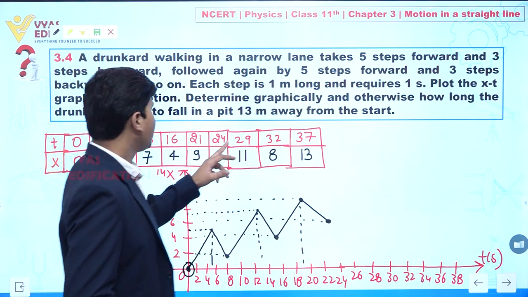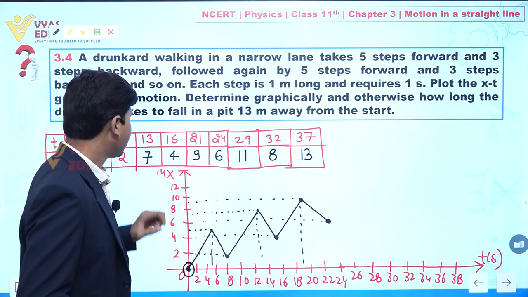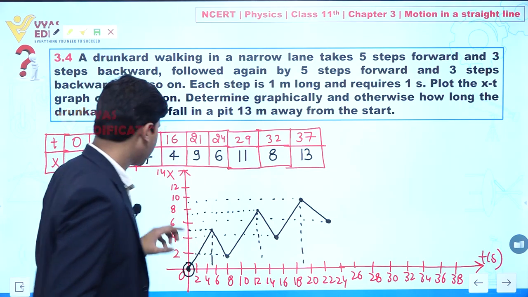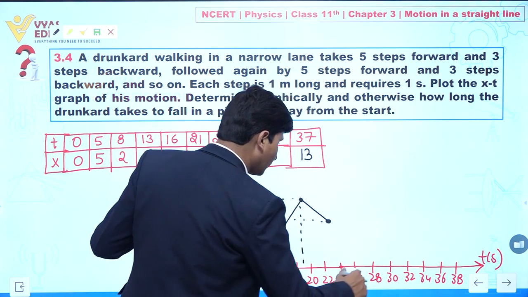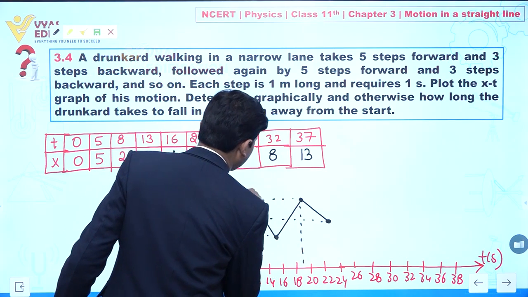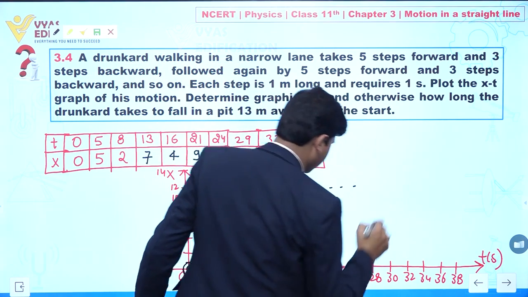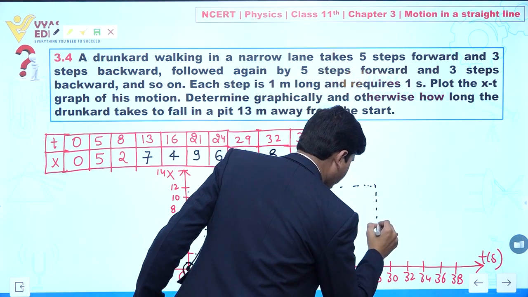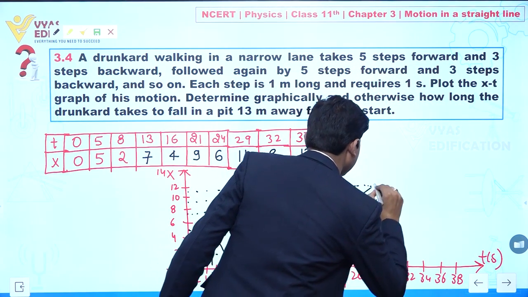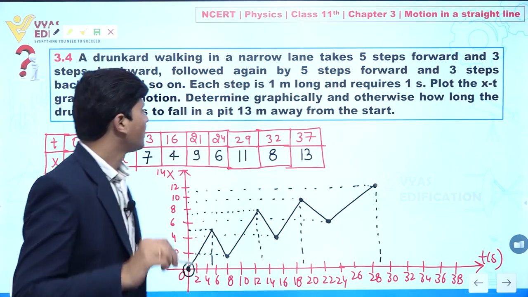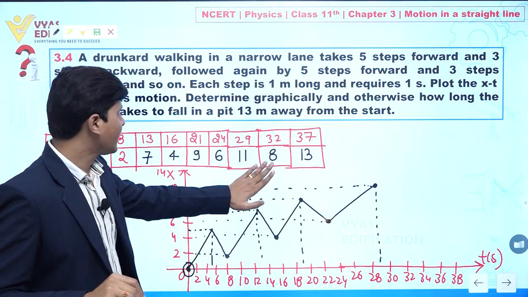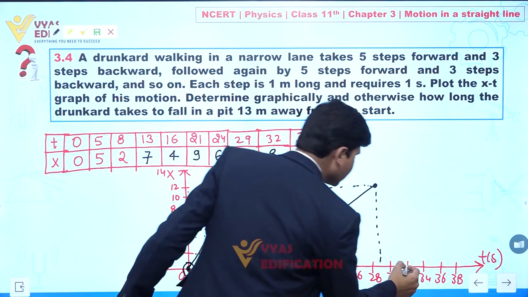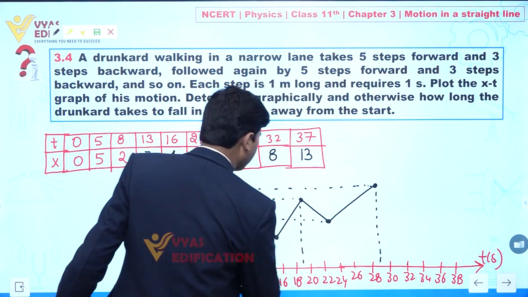Now we have 29 and 11, means 11 meter distance is covered in 29 seconds. So 11 and 29, it means it will be like this. Now we have 32 seconds and 8 meter. So this is 32 and we have 8 meter.